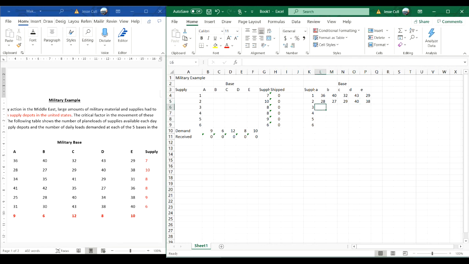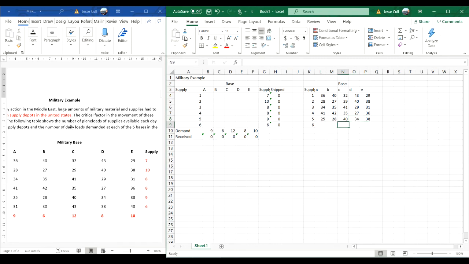Number 3, we have 34, 35, 41, 29, 31. 4, 41, 42, 35, 27, 36, 25, 28, 40, 4, 38.